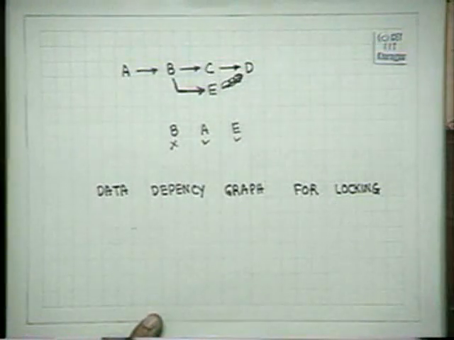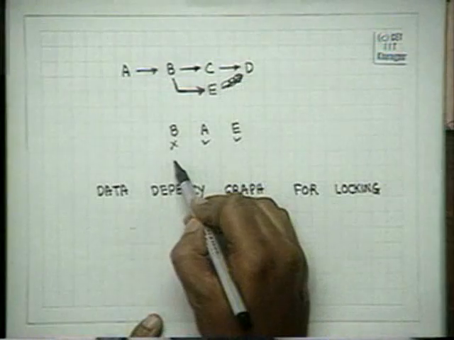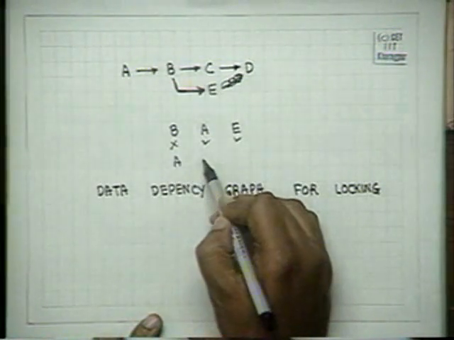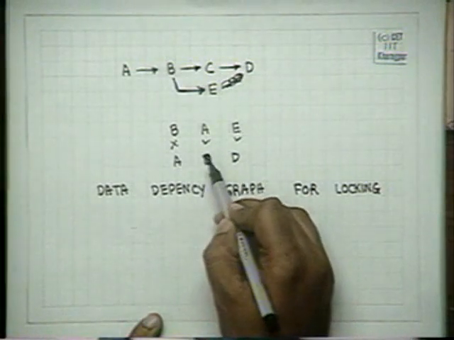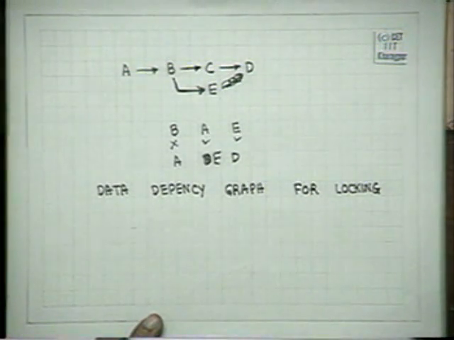I'll repeat. B, C, and E. I have got B, A, E, and based on that I have made this. Now suppose I get A, E and D. Now what is the order in which I will do it?